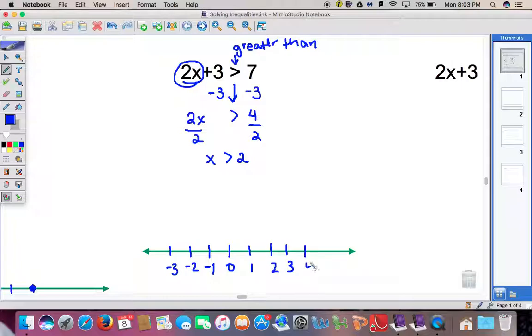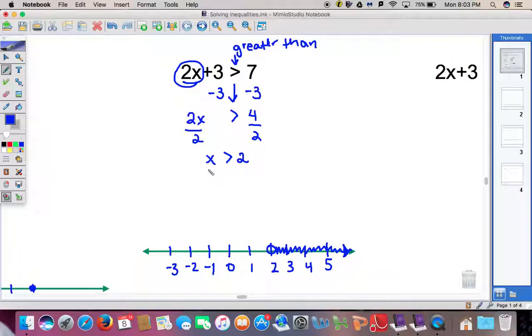We could keep going if you wanted to, but it's not necessary. To graph x is greater than 2, we would use an open circle at 2, and we would shade in everything to the right.